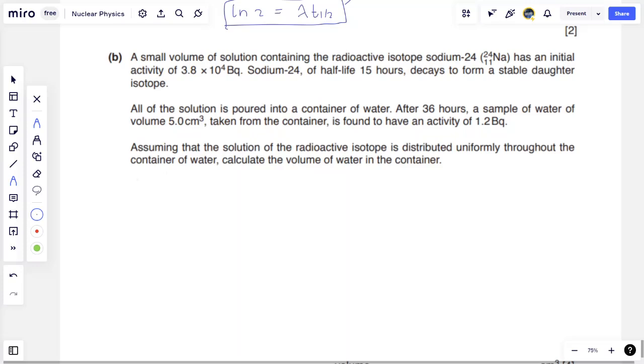I know that sodium-24 has an initial activity of 3.8 times 10 to the power 4. I'll write the units as well, becquerel. I'm also given a very important piece of information. The half-life of sodium-24 is 15 hours. I'm just going to leave it in the units that are given for the time being.